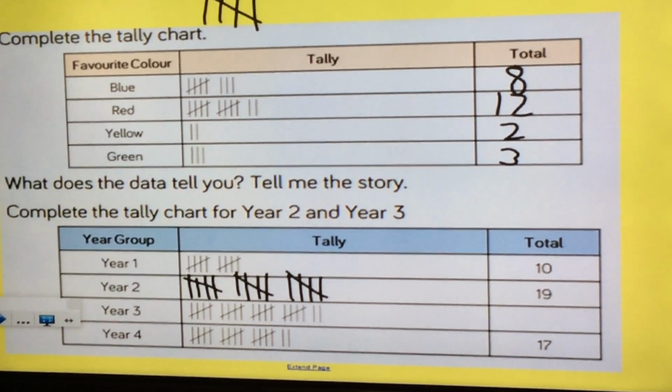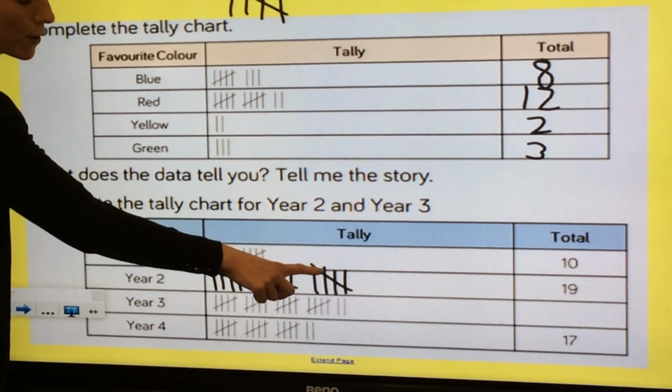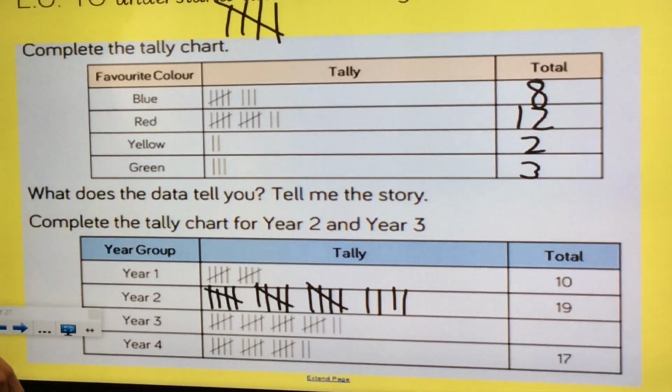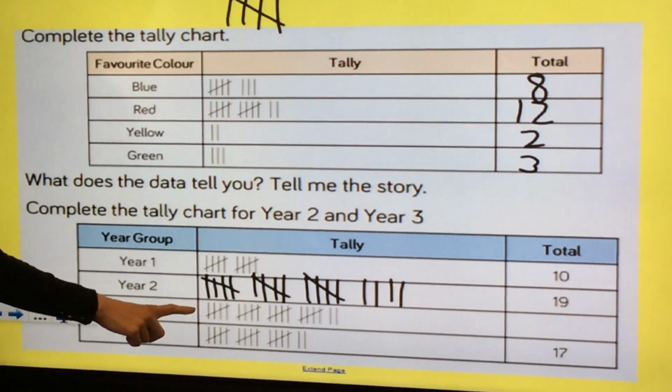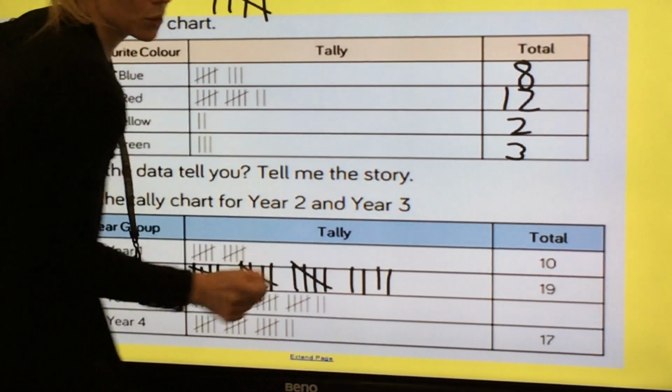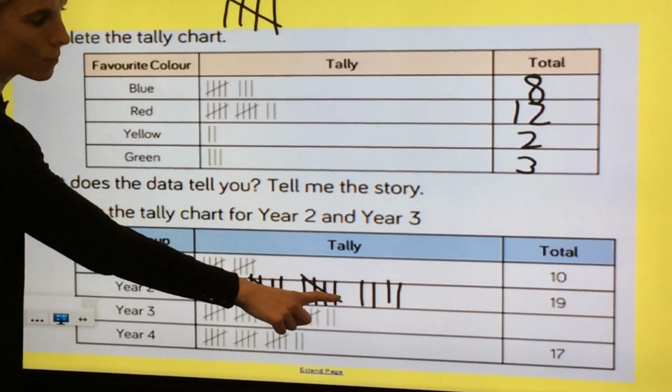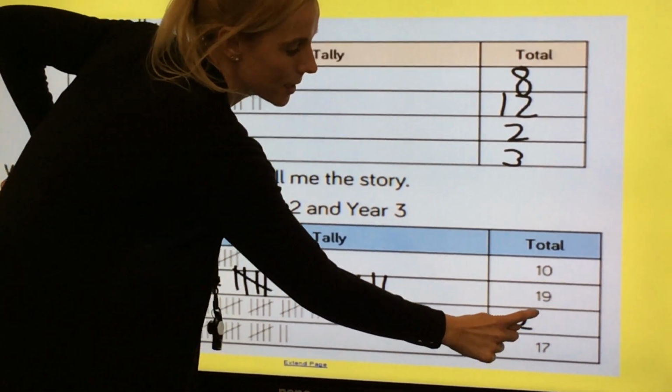And straight away I'm going to stop there and go 5, 10, 15, 16, 17, 18, 19. And then in year 3, the total is missing. So 5, 10, 15, 20, 21, 22, and we can add that in.